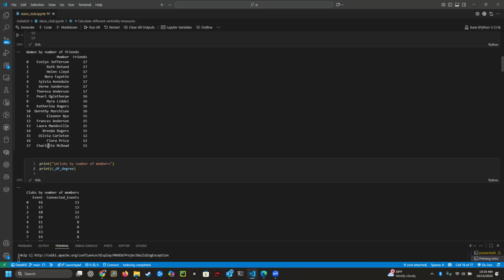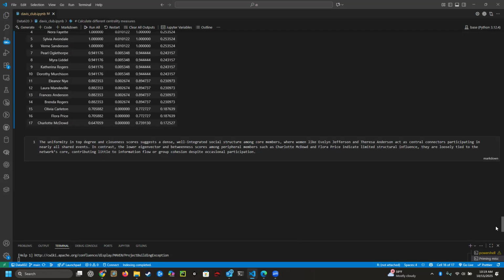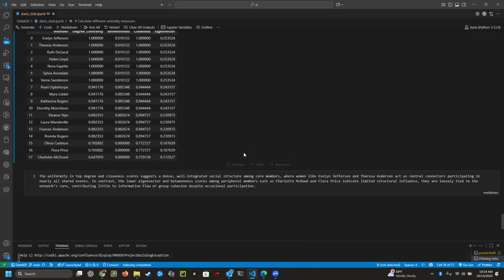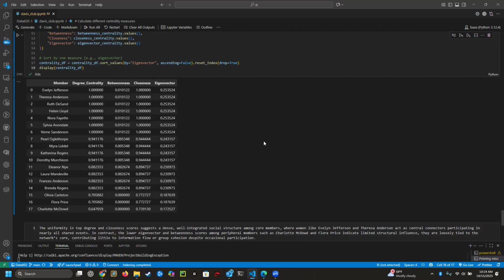But then if we see Charlotte McDowd and Flora Price, we definitely expect to see a lower degree of centrality there. And indeed we do, as these women have interacted with far fewer of the other members in the network. So that takes us through what we explored with this data set.